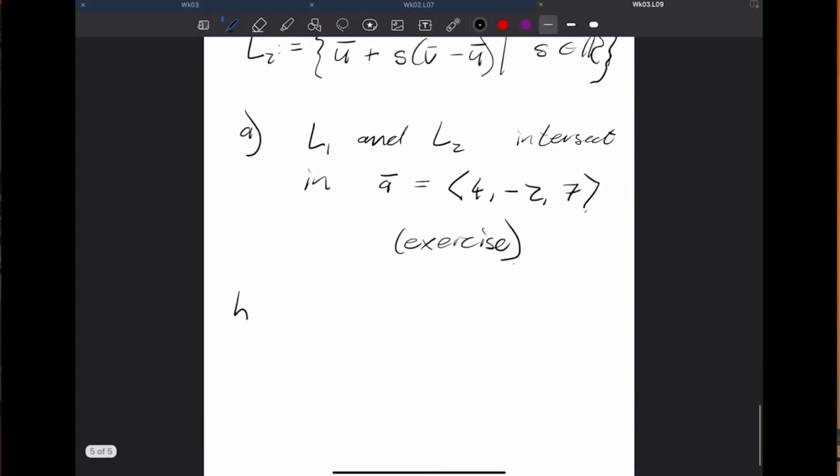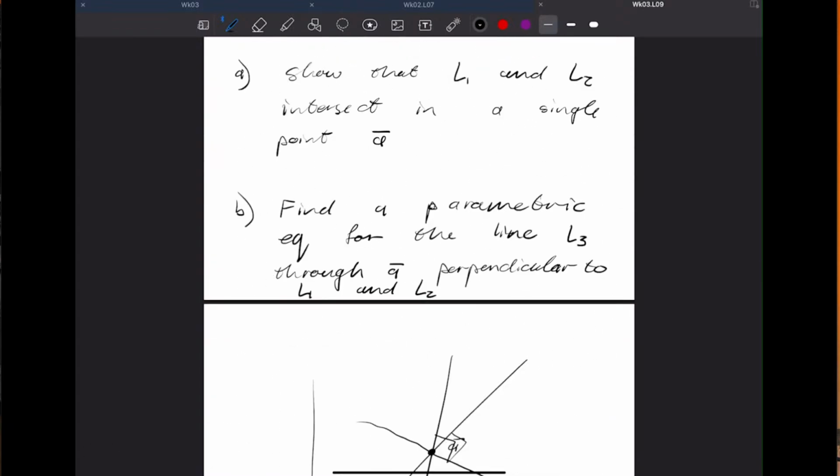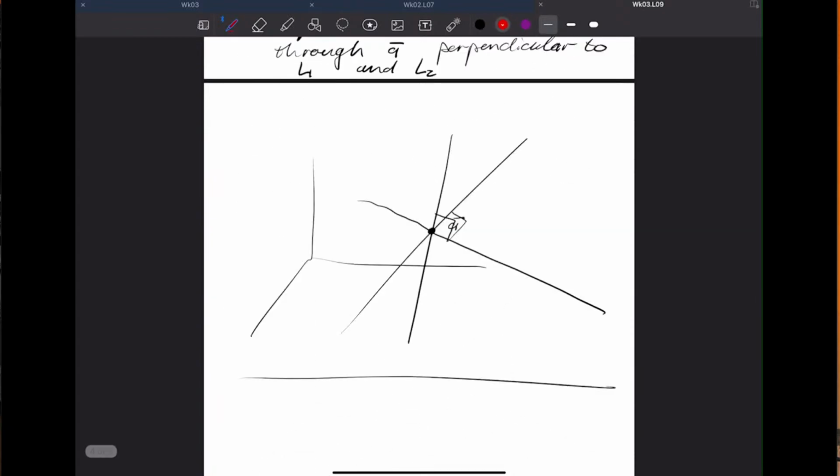And now we want to answer question B. So we want to find a parametric equation for the line. If we look at the situation that we drew here, we're looking for a parametric equation for the line L3 that is perpendicular to line 1 and line 2.